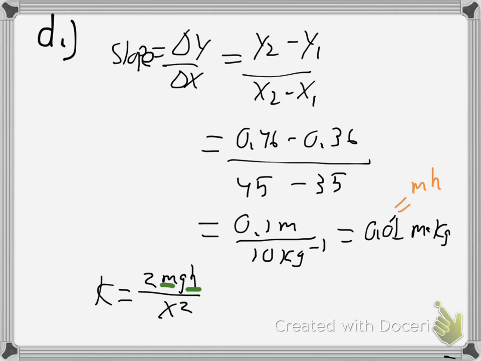So essentially, now that we know the slope, then k is going to equal 2 times g times our slope, times x squared. And like I said, this is going to go right in there.